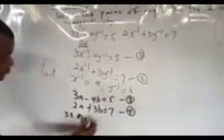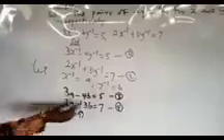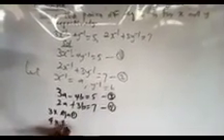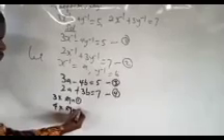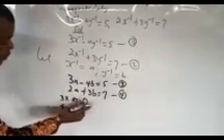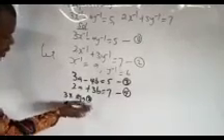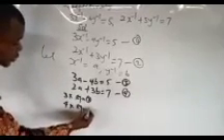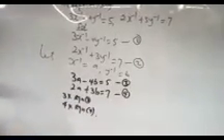So 3 multiplied by equation 3, and 4 multiplied by equation 4. So let us quickly do that.